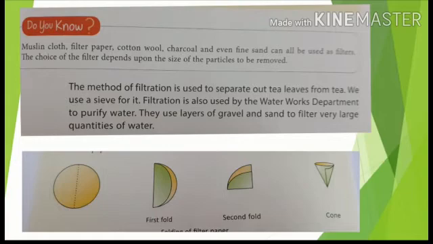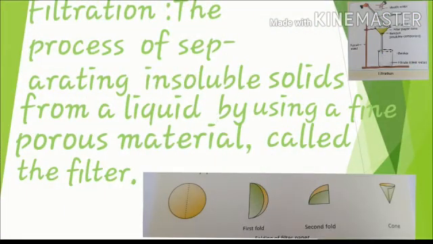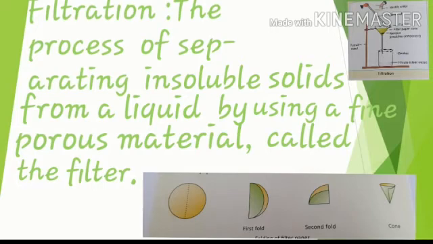Muslin cloth, filter paper, cotton wool, charcoal, koila, charcoal means koila, and even fine sand can be used as a filter, student. The choice of the filter depends upon the size of the particle to be removed. Now, this is all about the process of filtration.